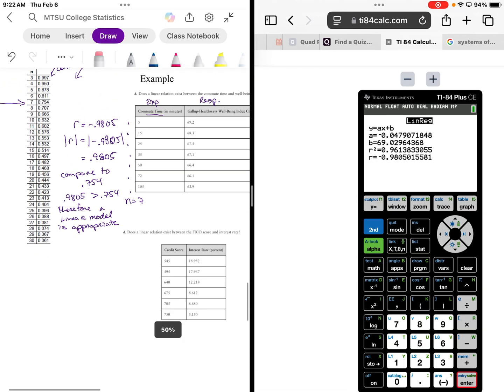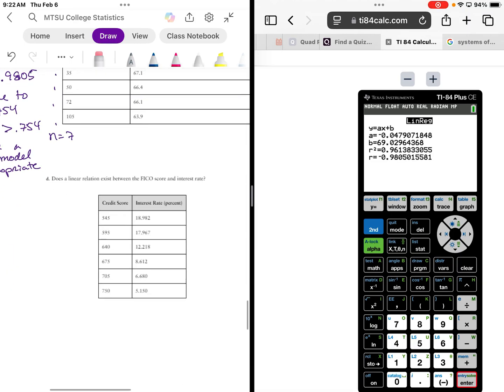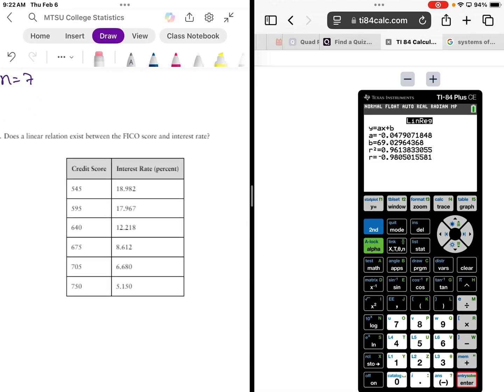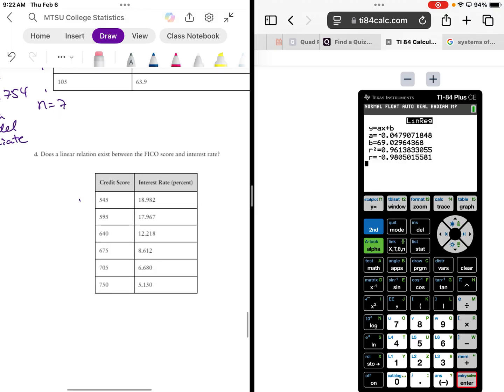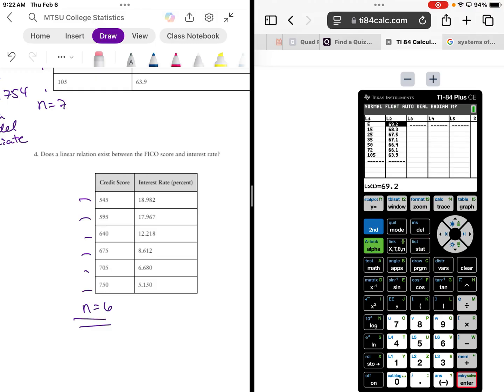I have one more example for you to practice in there. So, again, we have a total of 1, 2, 3, 4, 5, 6. So our n is equal to 6. So eventually we're going to compare that to the 6th line. So if we want to go in there real quick and do that one for me.